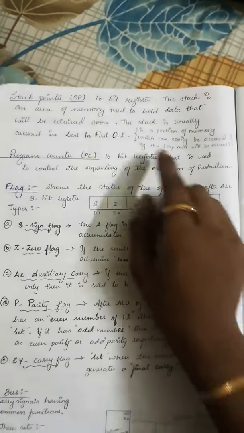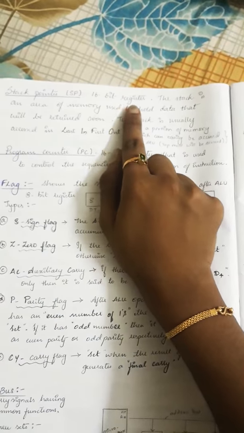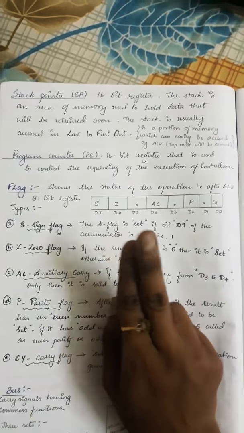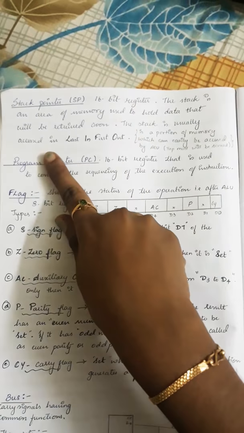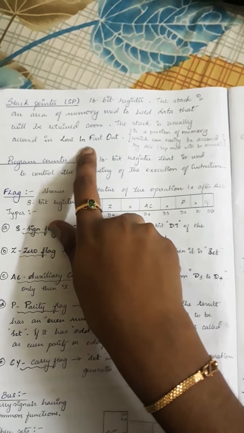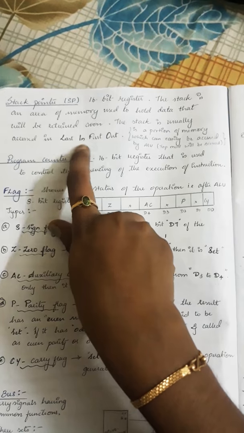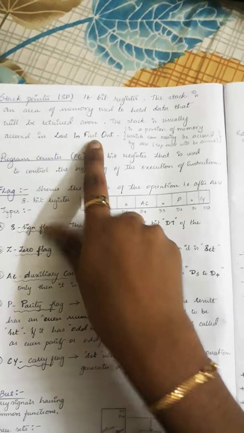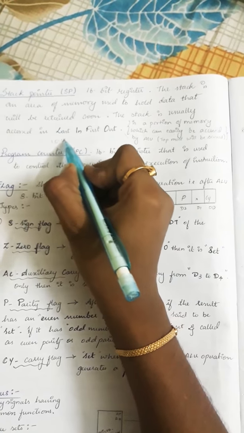Now, what is a stack pointer and the types of flags? The stack pointer is a 16-bit register. The combination of two 8-bit registers is called a 16-bit register, and the stack is usually accessed by LIFO, that is, last in is the first out. This means now you are passing on 1001.